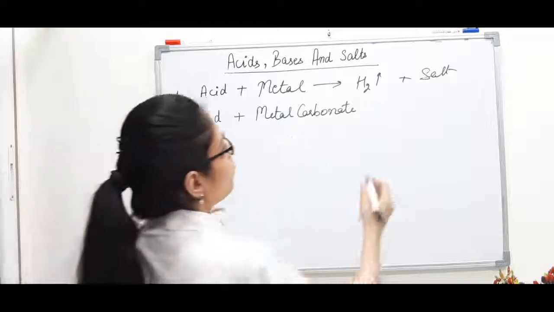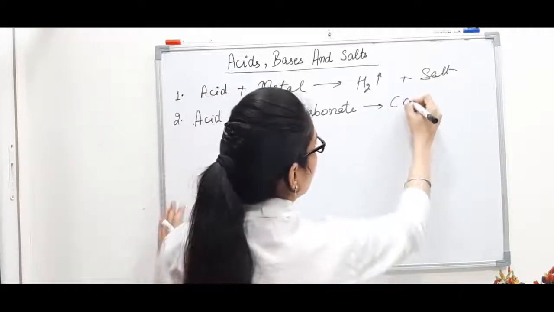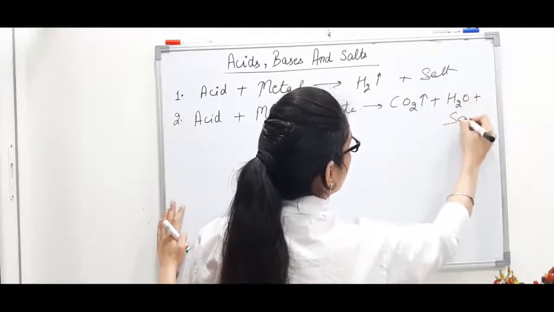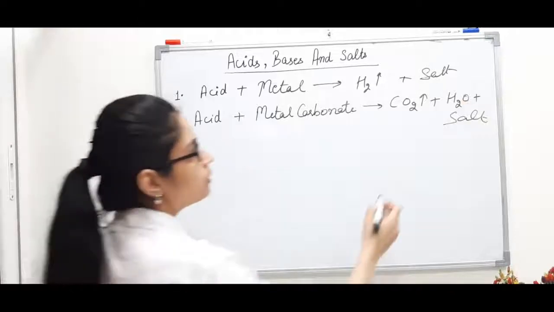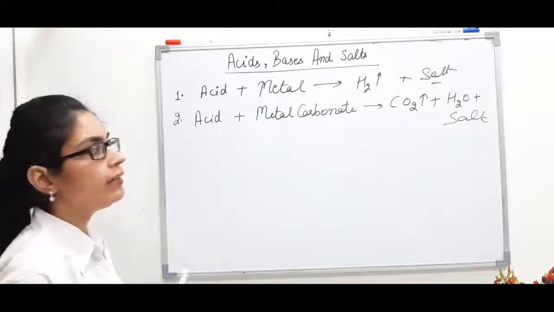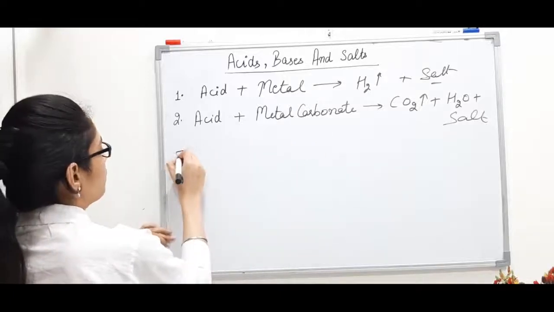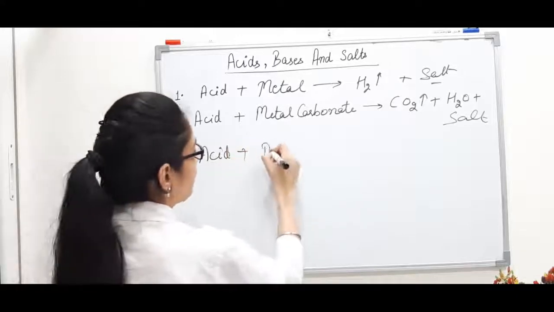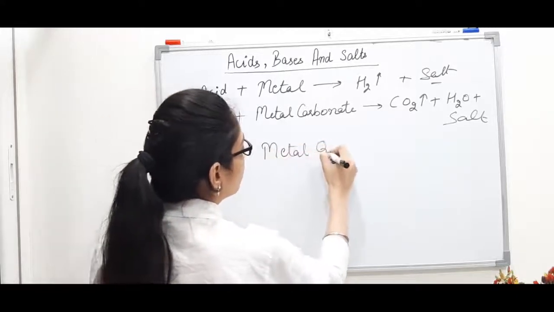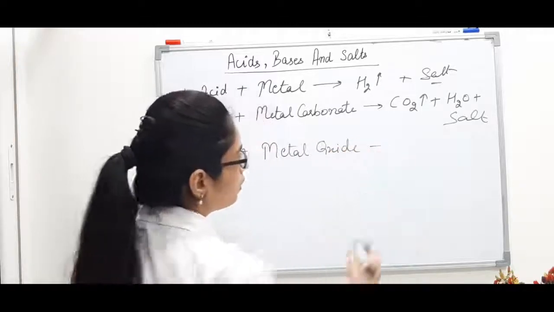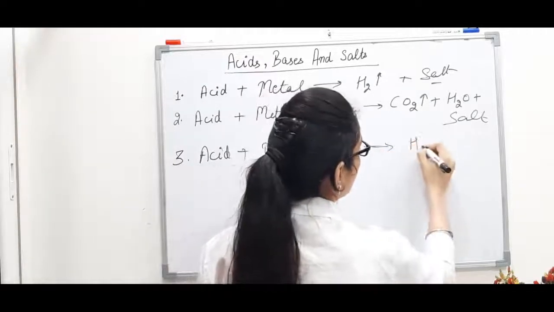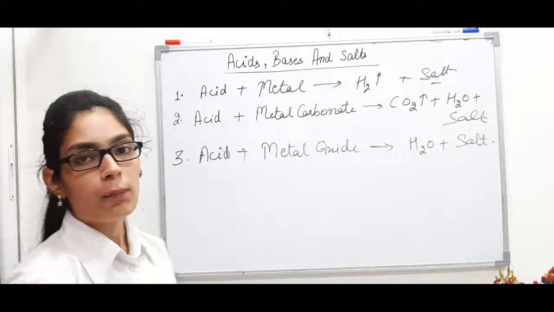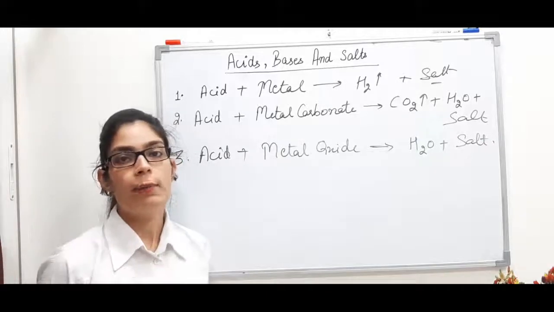Products were carbon dioxide plus water plus salt. You can see in each of the reactions it's necessary that we will get some salt apart from other products. The third reaction: acid plus metal oxide. In this reaction our products were water plus salt. With this our chemical properties of acids has been completed.